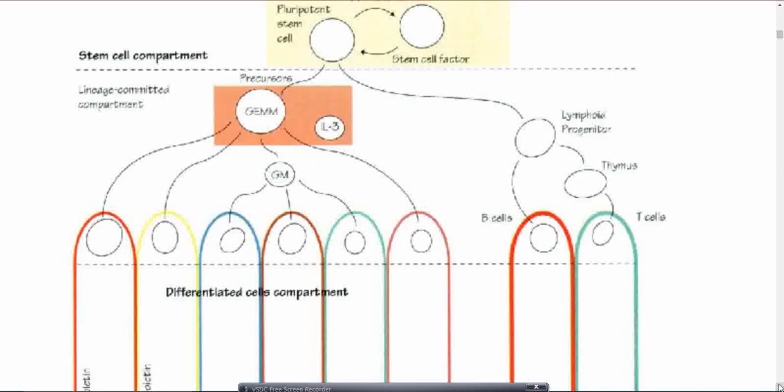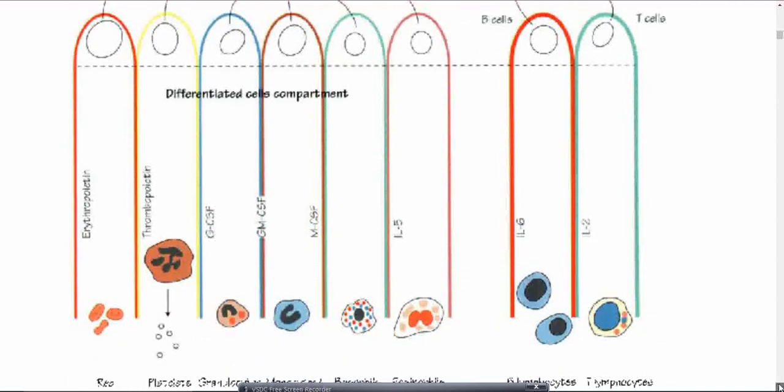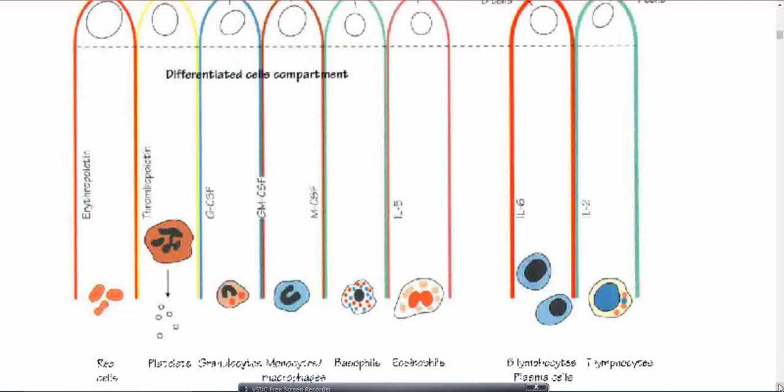We now get the precursor, the GEMM, which will produce the granulocytes and monocytes, and then we'll have interleukin 3. We have B cells produced from the lymphoid progenitor, thymus, and T cells as well. We'll have erythropoietin, which is responsible for production of red blood cells, thrombopoietin, which is for thrombocytes, the granulocyte-macrophage CSF, and the interleukins.